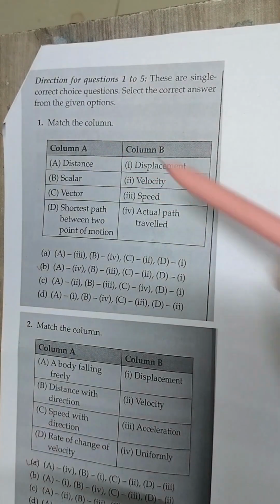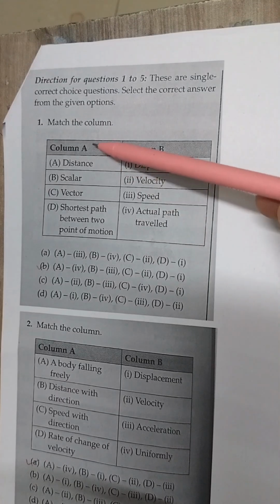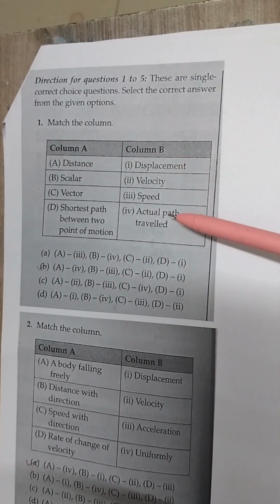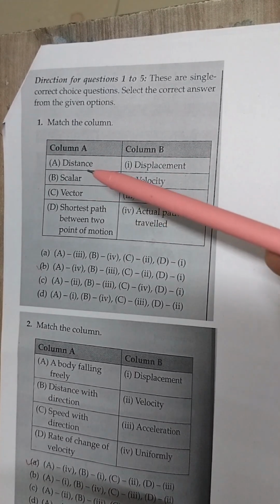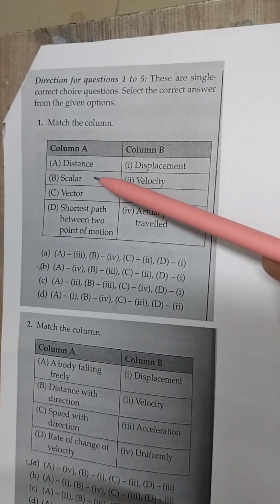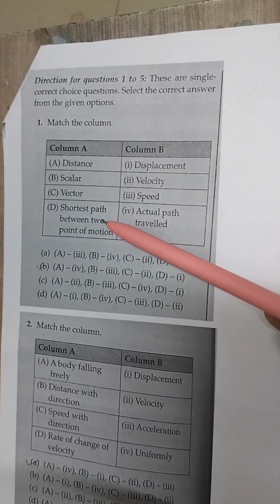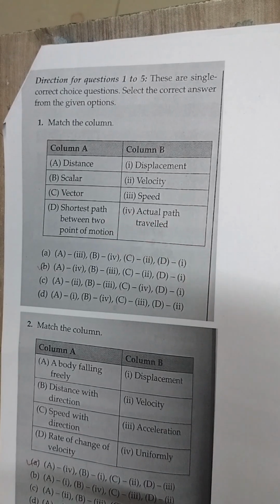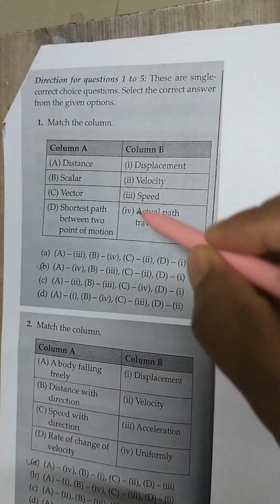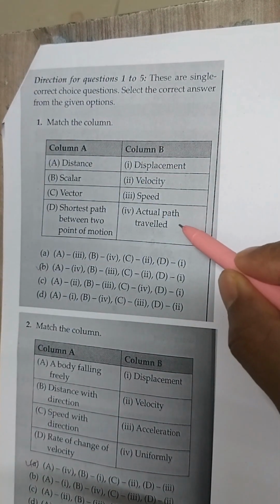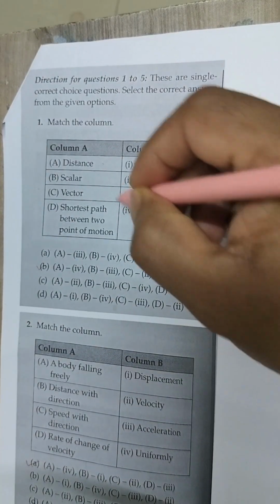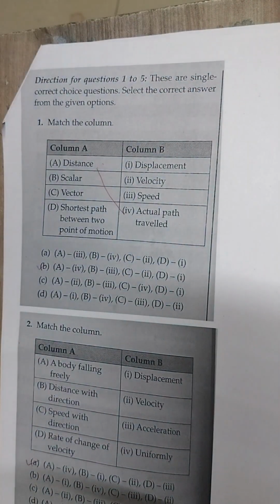The first question, match the following. In column A some parameters are there, in column B some parameters are there. Distance, scalar, vector, and D, shortest path between the 2 points of motion. Distance will be the actual path traveled, so A will match with 4.